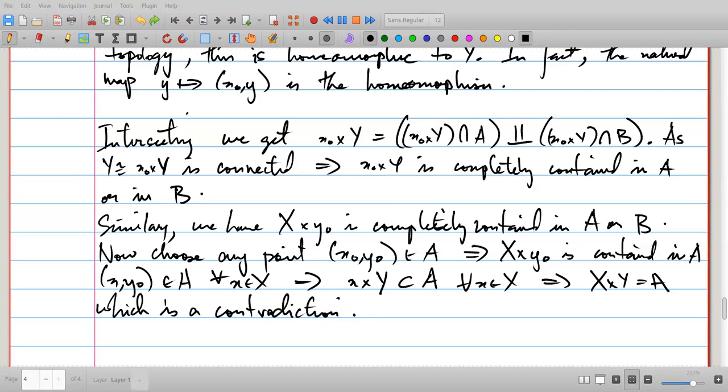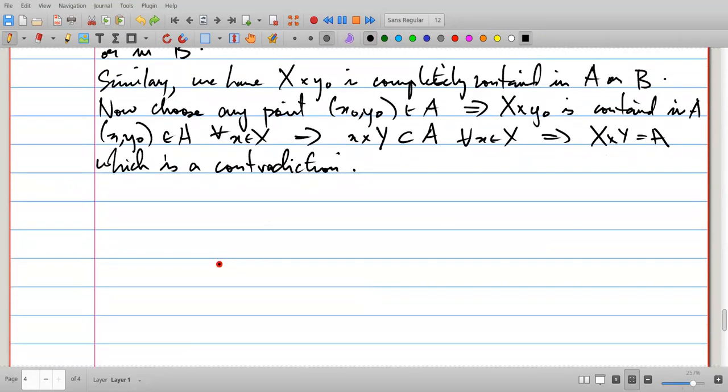So as a corollary of this very general theorem, we get that R^n is connected.